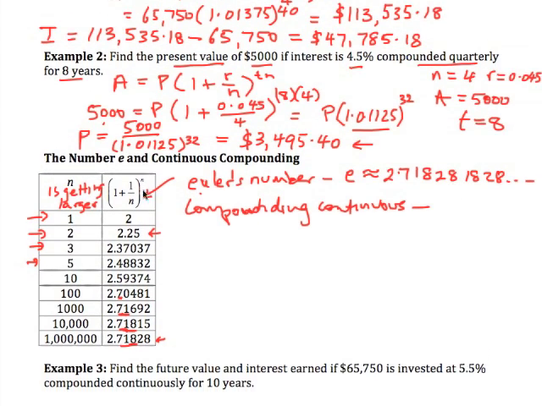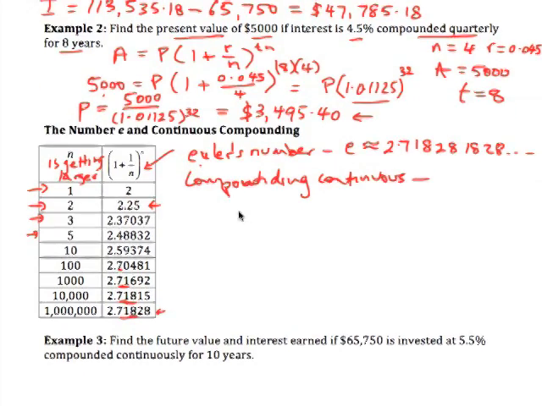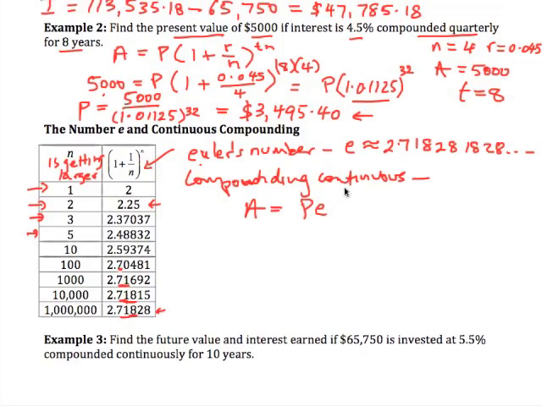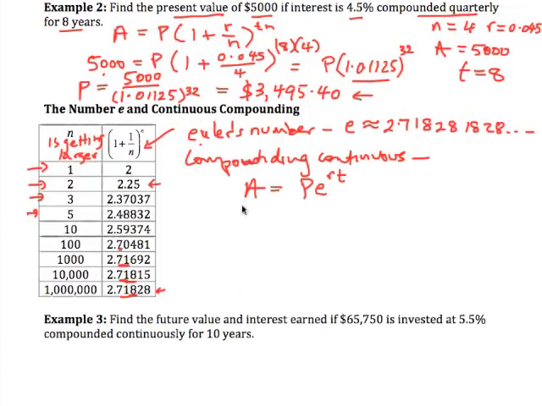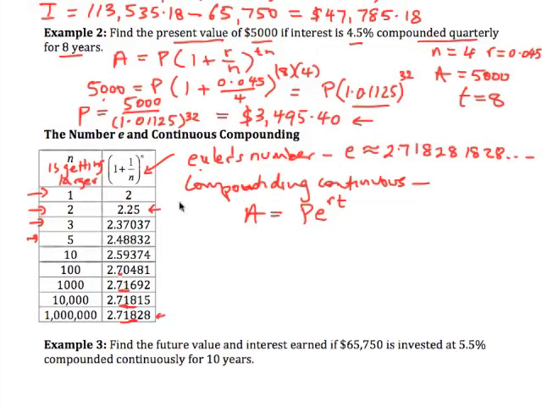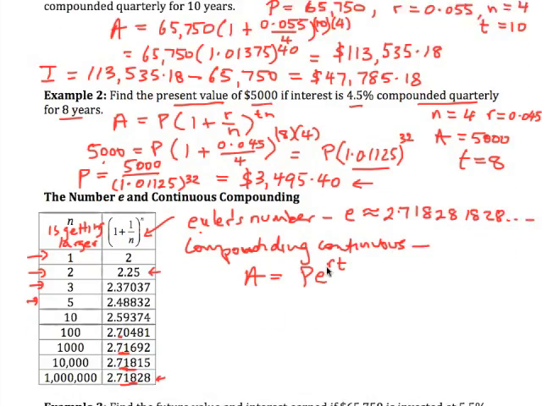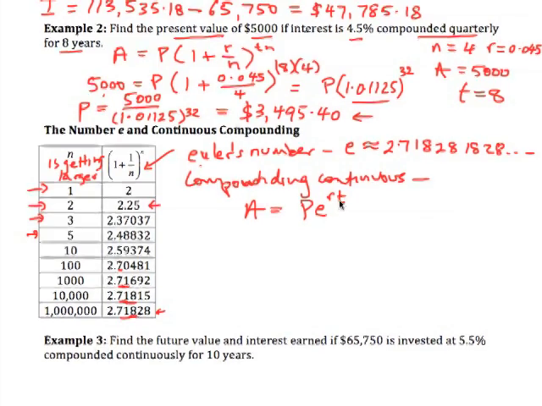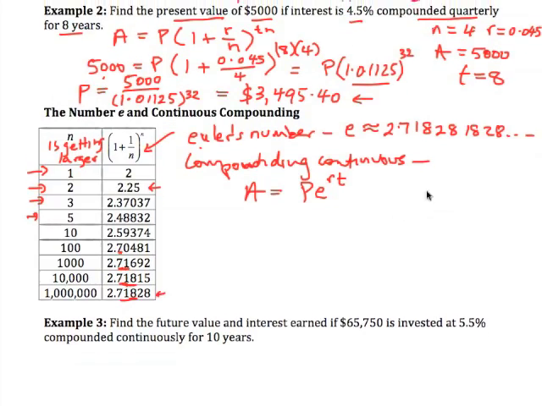Then this expression goes towards e, and so our actual amount can be formulated as A equals P e to the rt. Again, A is the amount or the future value, P is the present value, e is Euler's number, taking the place of this part in here, and it's to the rate times the time.